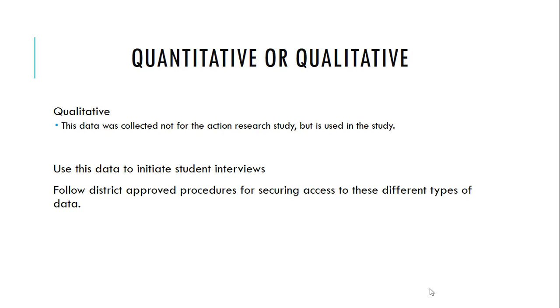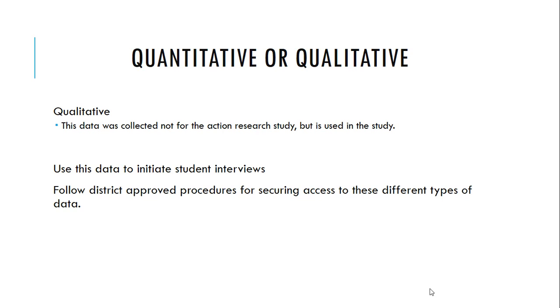And in my next slide, I have more overview of what those things could actually include. But it's more of unlimited sort of ways for you to be able to collect information. One thing that is different about this type of collecting data is that usually the data that you're collecting really isn't for an action research study, but we're able to use it in the study based on previous information that was collected.